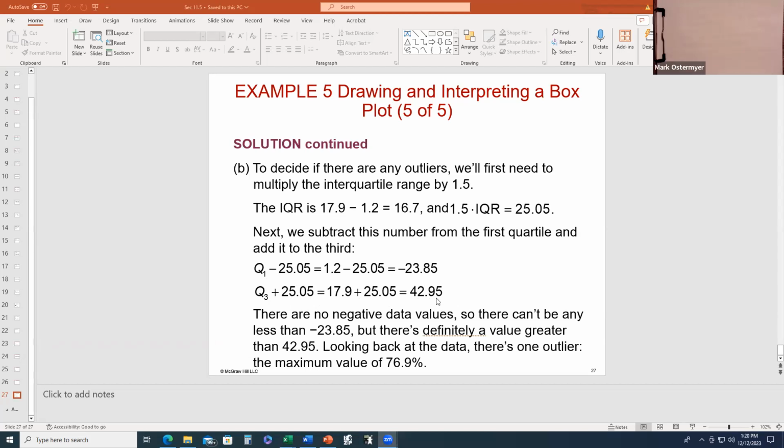And so, ladies and gentlemen, that observation, which was about 70, what was it, 76.9? You can see 76.9 is greater than the upper endpoint of the outlier interval, if you will. So this 76.9 is greater than this value. And so therefore, yes, it would be classified as an outlier.